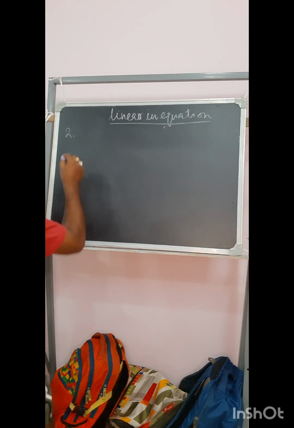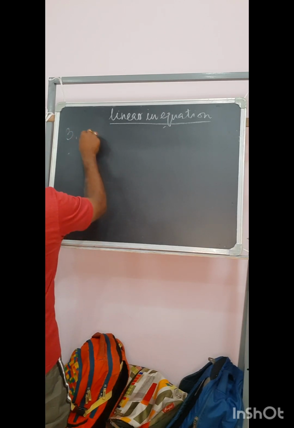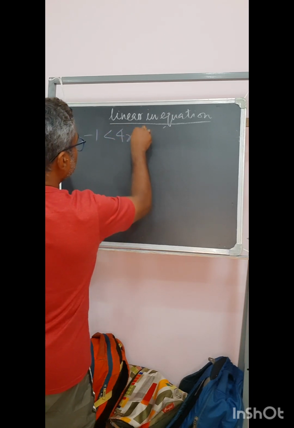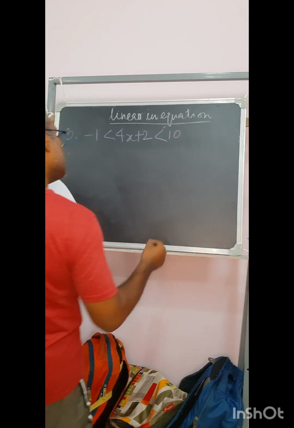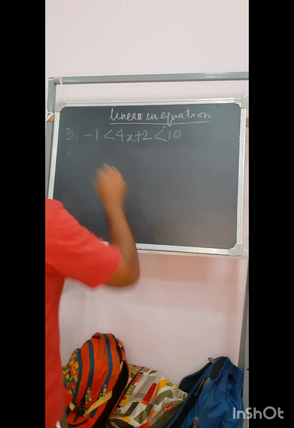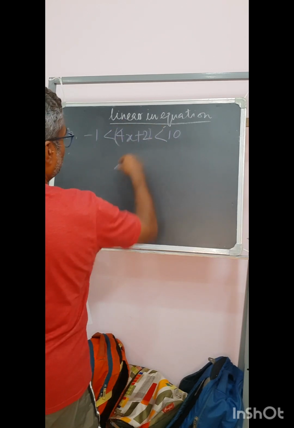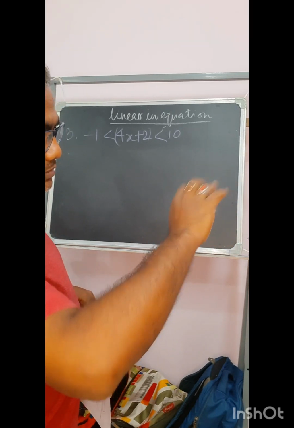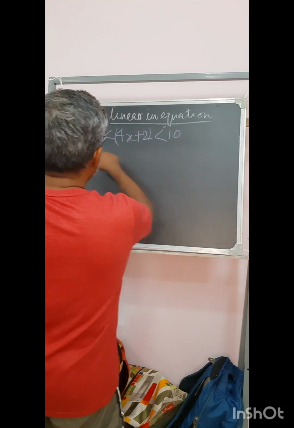It says number 3, minus 1 less than 4x plus 2 less than 10. So now here you can see there are two relations on a variable term. Earlier we used to have one relation, with two expressions on left and right. Now here a boundary is being given. What is the boundary?